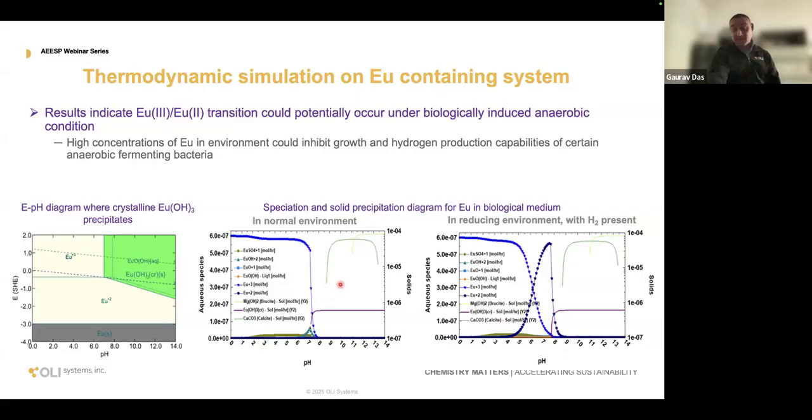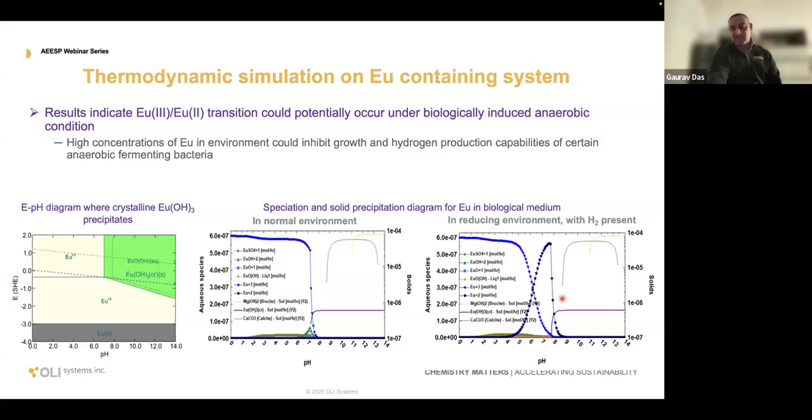And that is reflected in the aqueous speciation and solid speciation diagram. As you can see, in the non-reducing environment, in the solution phase, europium 3+ is the stable aqueous species, while europium OH3 solid precipitates at higher pH, starting at pH 7.